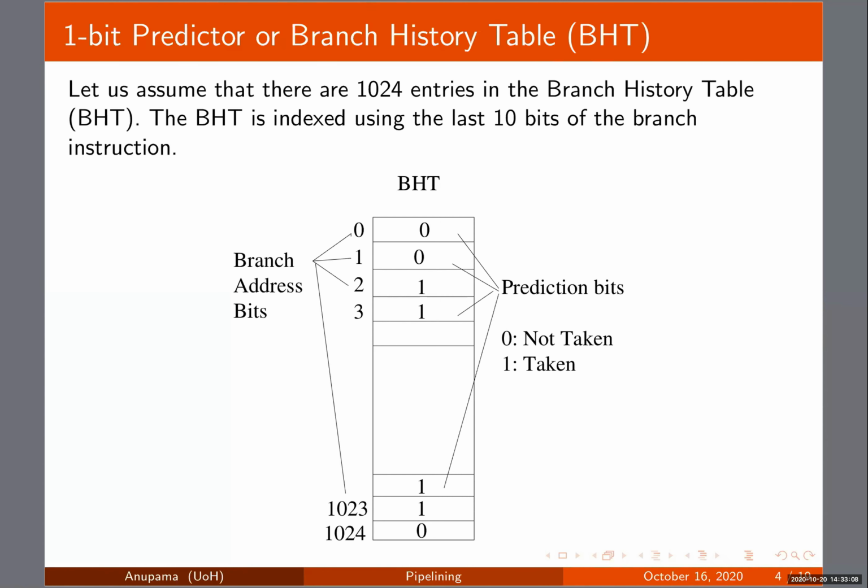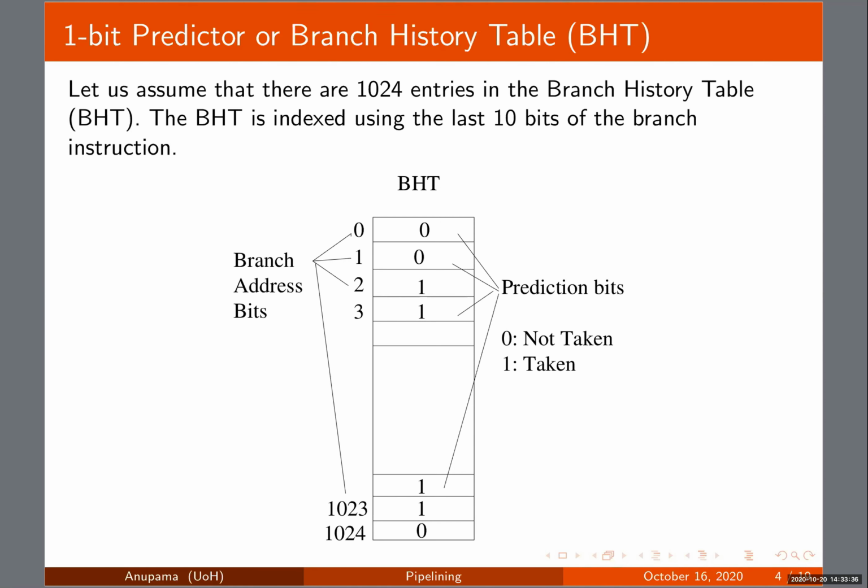Now, obviously, multiple branches may have the same 10 bits, which means that all of them will be indexing into the same entry of the branch history table. And therefore, the prediction may not be for the branch you're looking at. It does not matter, because this is only a prediction. It doesn't mean it's always going to be true.